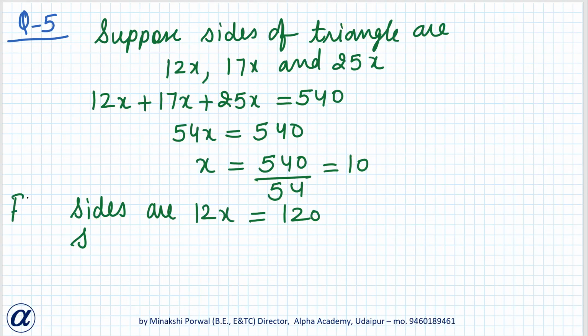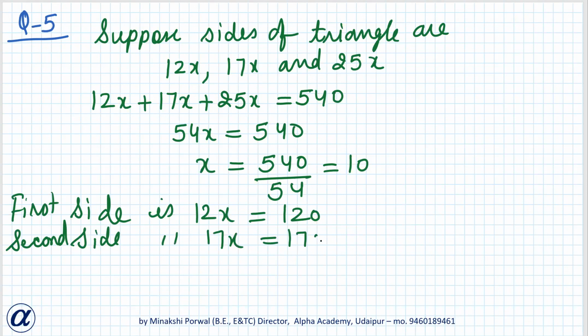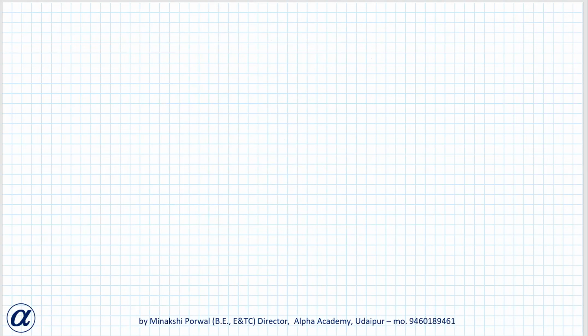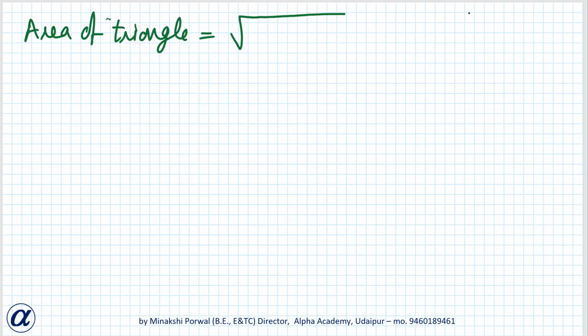So first side is 12x equals 120. Second side is 17x equals 170, and third side is 25x equals 250. Now area of triangle is under root of S into S minus A. S we have to find.